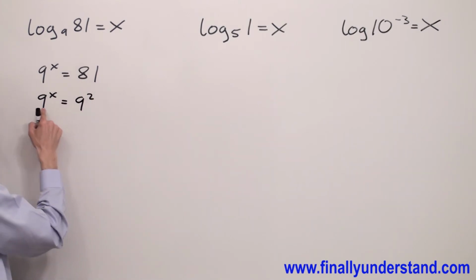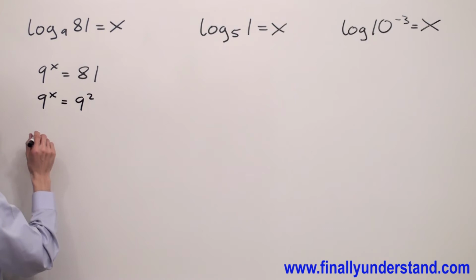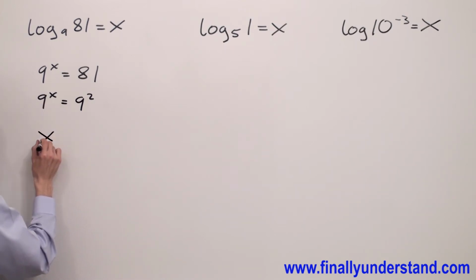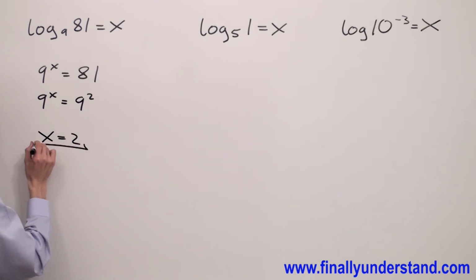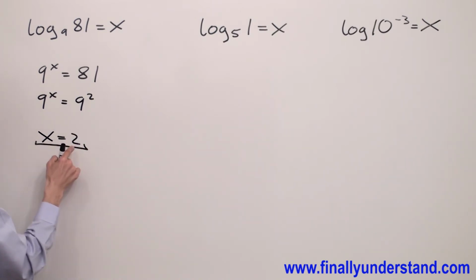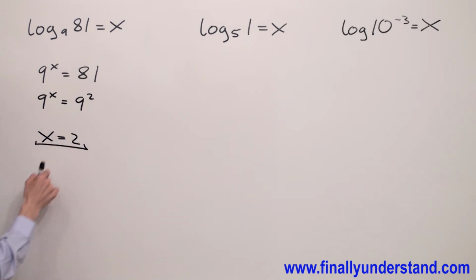Anytime you have the same base, you simply ignore the base and copy down the exponents only. So x equals 2. So the solution to my problem is x equals 2.